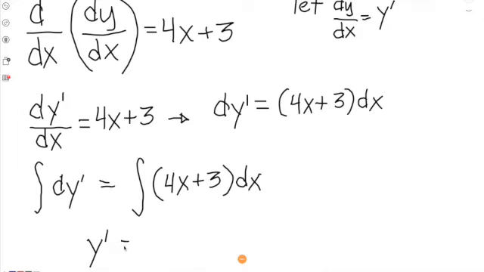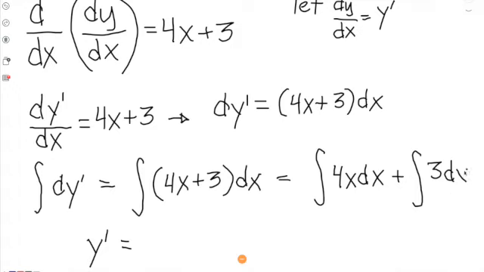So applying all the theorems and solving techniques in anti-differentiation that we studied earlier, we'll separate this into the integral of 4x dx plus the integral of 3 dx.